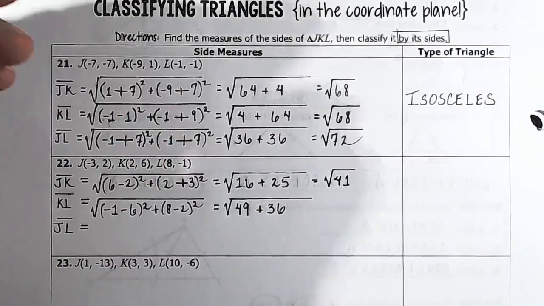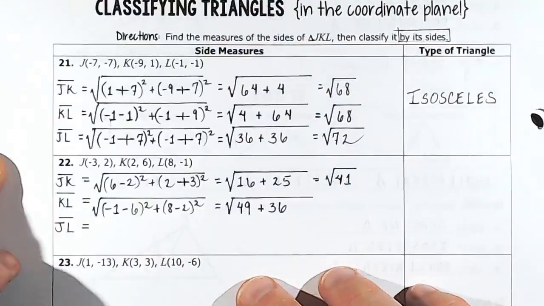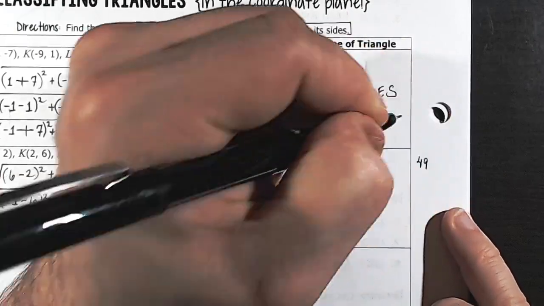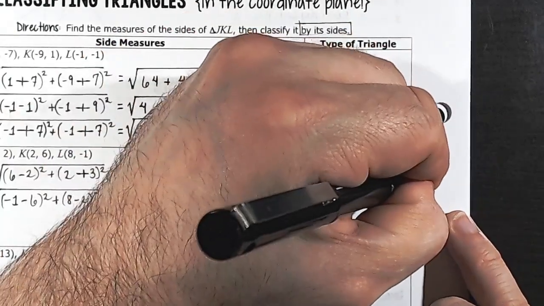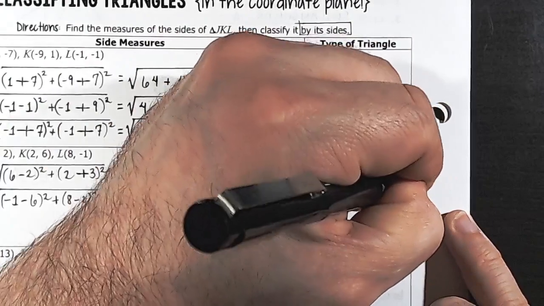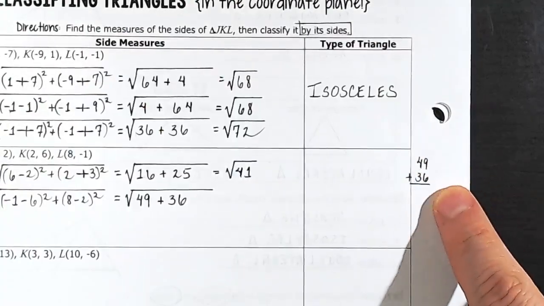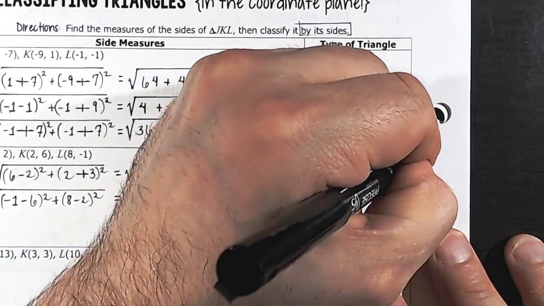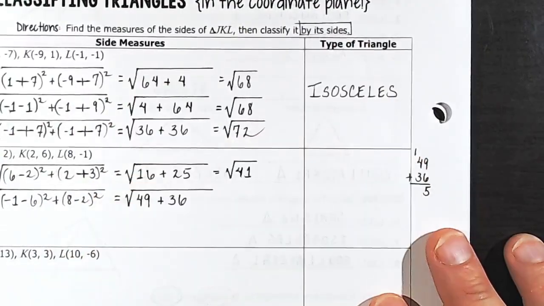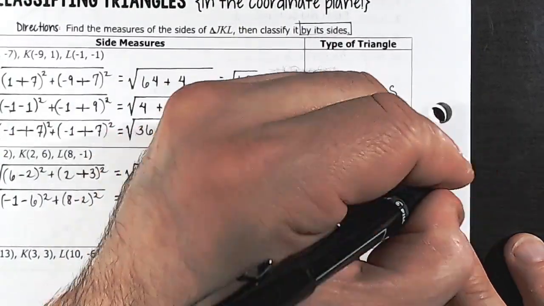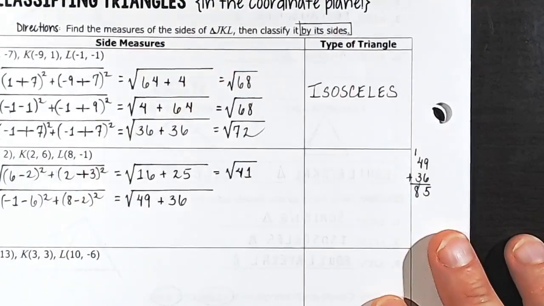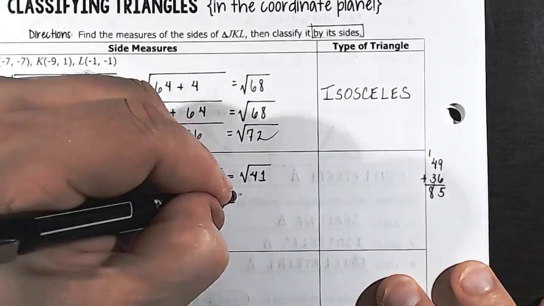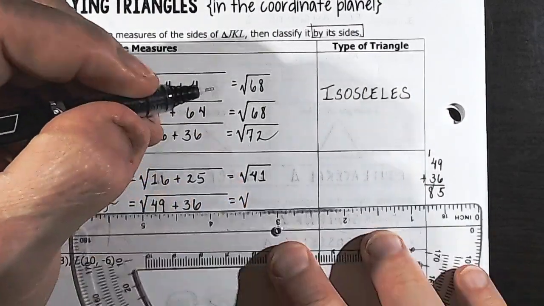I'm bad about doing this in my head, so off to the side, I'll do it on paper. 49 plus 36: 9 plus 6 is 15, carry the 1, and 4 plus 3 is 7, plus 1 is 8. So we have 85. So this simplifies to the square root of 85.